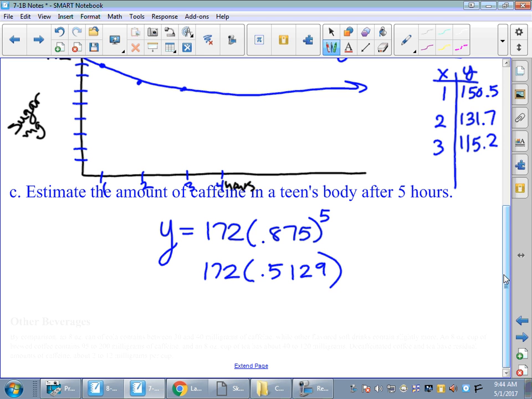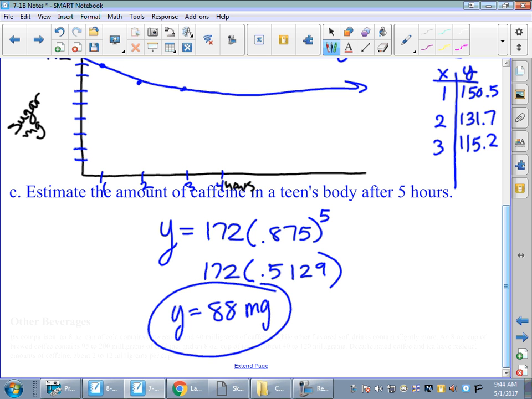So it turns into 0.5129, times that by 172, and after 5 hours, there would still be 88 milligrams of sugar. I'm going to show you this on the graphing calculator in class. My graph is just a sketch, but 88 milligrams after 5 hours.